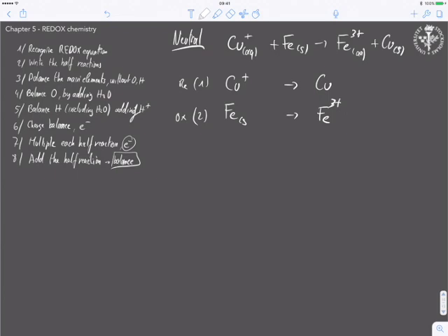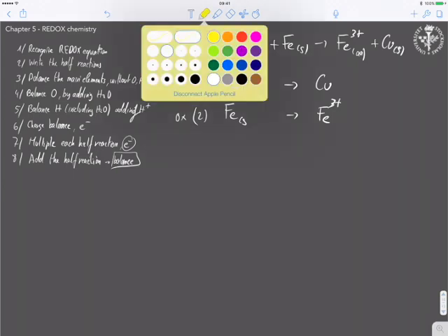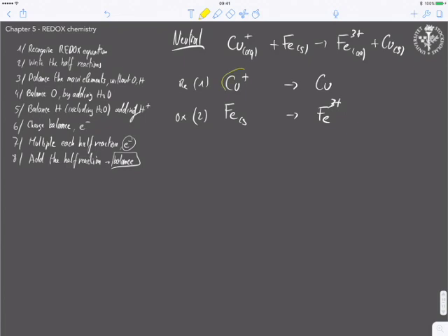There is no H, so I'm not doing anything here. Now I'm balancing the charge on each side. In this case, here I'm going to use a different color. Here we have a +1 charge, and here we have a 0 charge. That means I need 1 electron here.